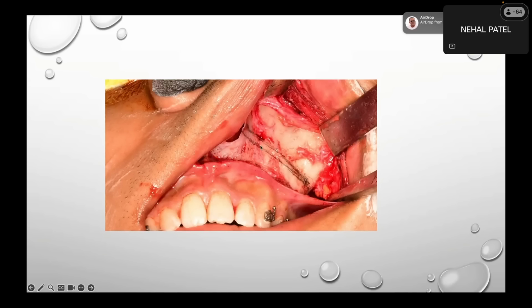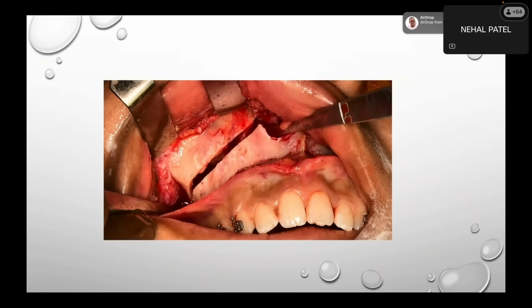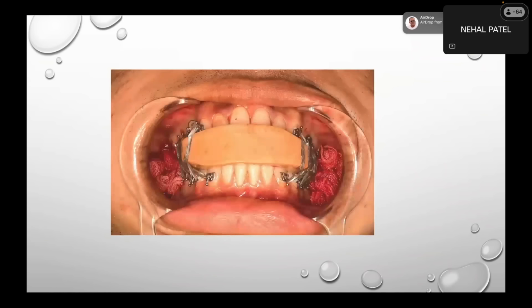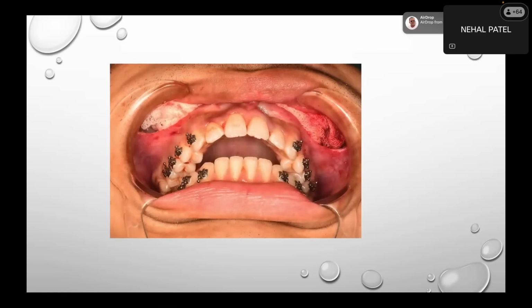This is how you cut the maxilla on the other side. And when you do a counterclockwise rotation, this is where you can advance the mandible.